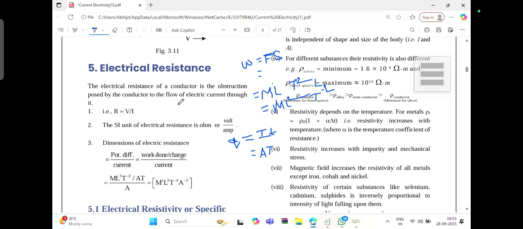That is the dimension of Q, and current is A. So dividing, M L square T to the power minus 2 by A square into T, we get M L square T to the power minus 3 A to the power minus 2. That is the dimension of resistance.